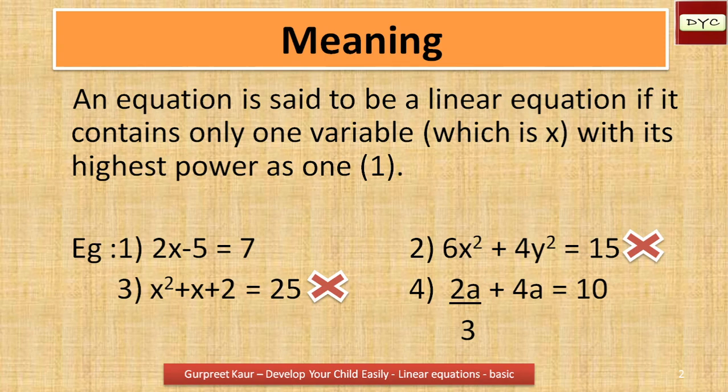Fourth example, here there is only one variable a with the highest power as 1, so definitely this is a linear equation. So from all the four, example number 1 and example number 4 only lie with the linear equation, and 2 and 3 are contradictory, so they are not part of linear equations.